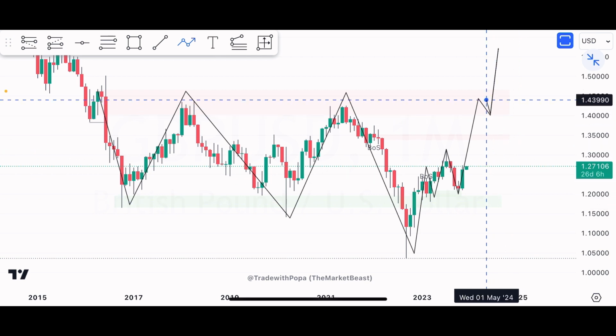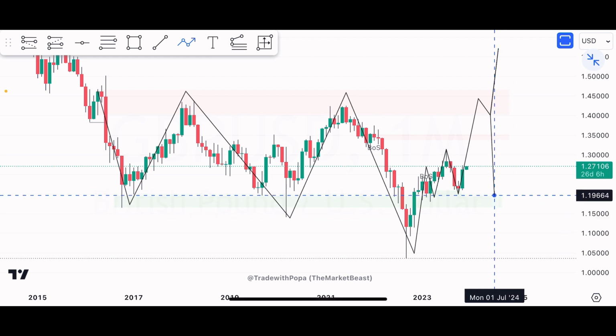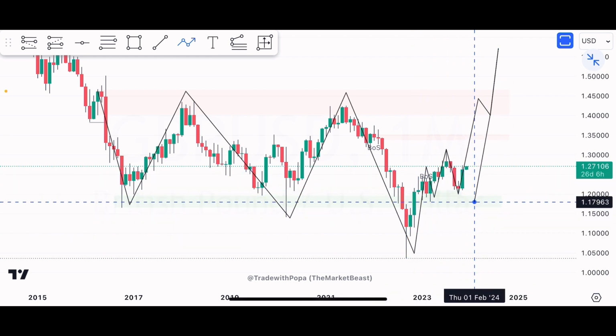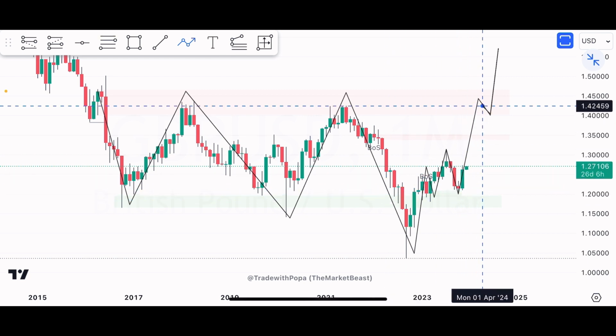So you can either come here, break out, or come back down here and break out, whichever one. But with this formation we're seeing, it's bullish on the monthly. It's in a range, but it's bullish on the monthly.